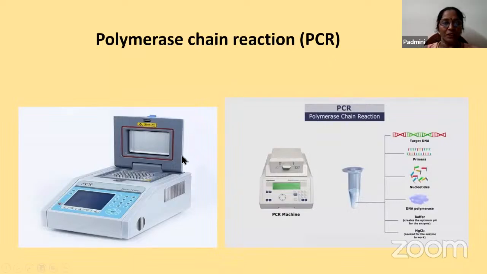So this is the instrument that is going to be used for polymerase chain reactions, and these are the test Eppendorf tubes that you'll be using for this chain reaction. That is, you're going to take a small segment of the DNA and get n number of copies of DNA, because you're going to amplify the DNA segment that you want to check.